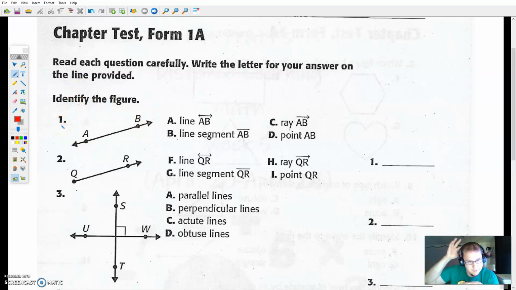Question number one, we need to identify the figure. Now there is something here that I don't think I covered that well. So now's a good time to talk about it.